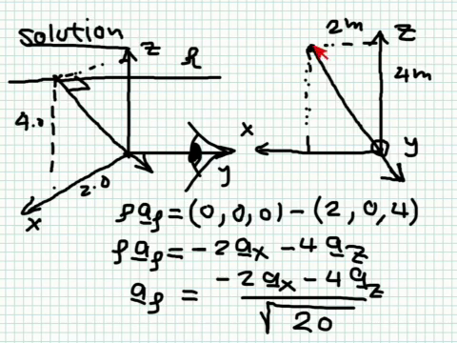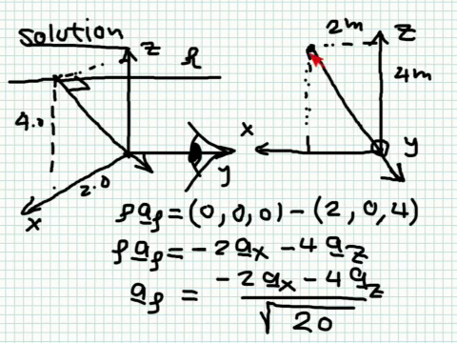The normal distance between them is this distance here, which is equal to square root of 4 squared plus 2 squared. And the unit vector pointing from this point to the origin is obtained from the coordinates of the origin minus the coordinates of this point, which has coordinates x equal to 2, y equal to 0, and z equal to 4.